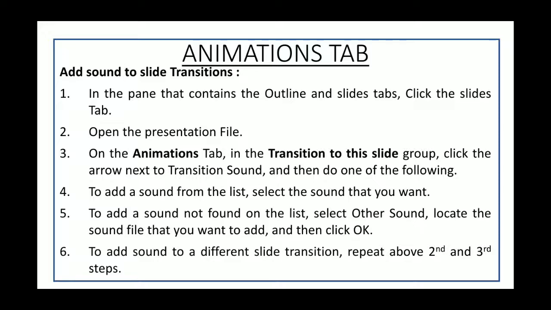You can follow these steps for adding sound to the slide transition of each slide in the PowerPoint presentation. These are very important. In the exam, these kinds of questions will come. Remember all these steps: adding slide transitions to slides in your presentation as well as adding sound to slide transitions.